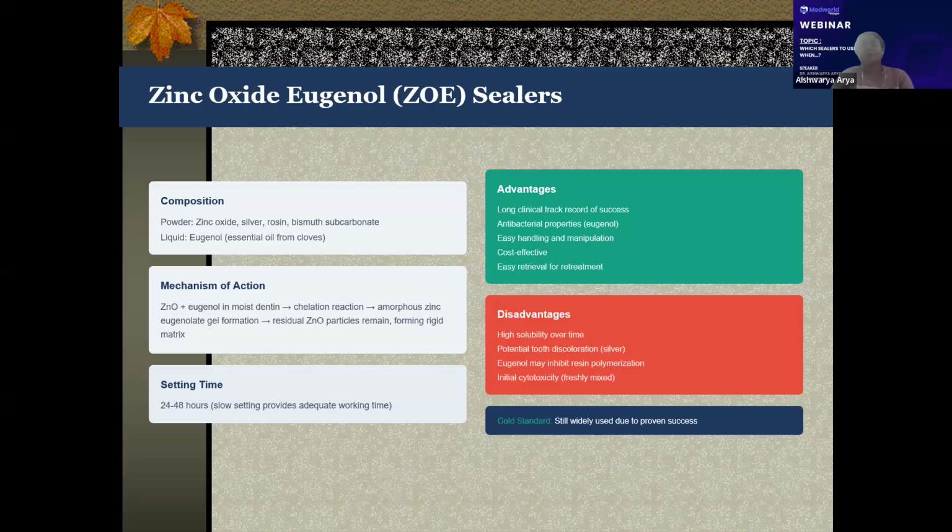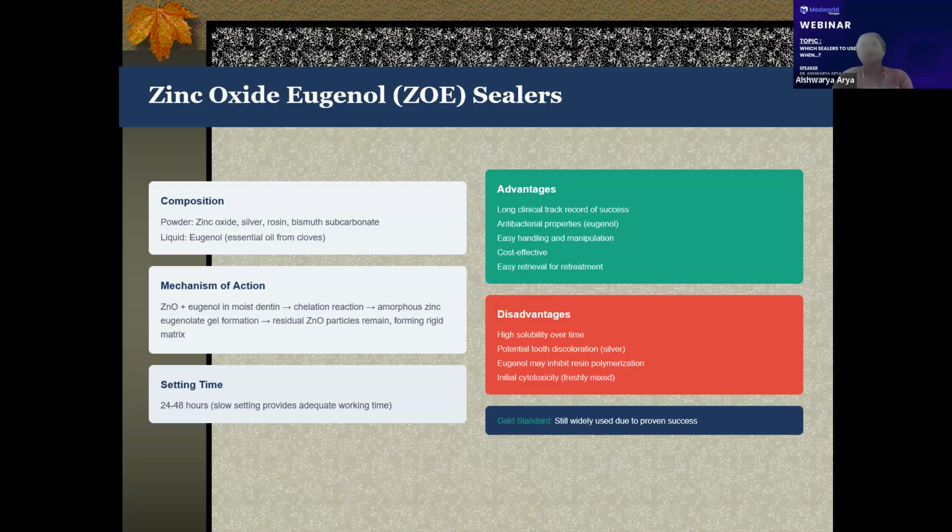But it also came with a lot of disadvantages. The most important disadvantage, if you ask me, was the setting time. It was almost 48 hours of setting time. Another important factor was that it was highly soluble over a period of time.